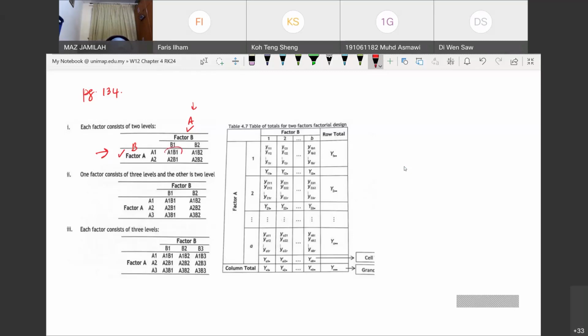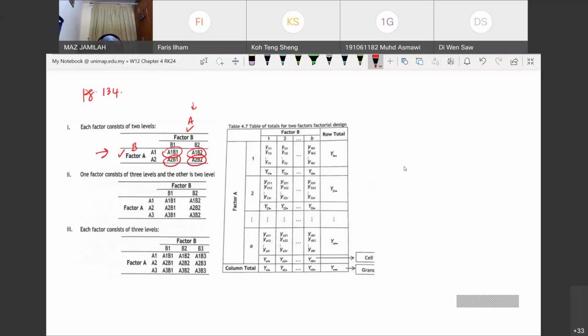This is what we call the interaction effect of factor A and factor B. This one is the interaction effect of A1 and B2. This one is the interaction effect of A2 with B1. And finally, the interaction effect of A2 with B2.